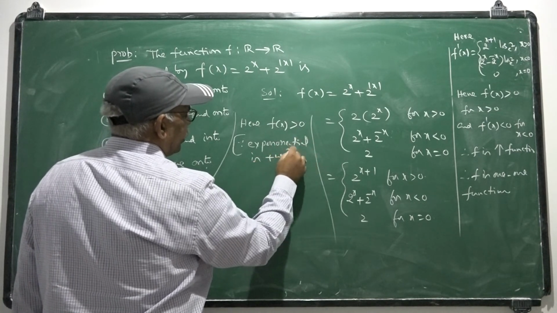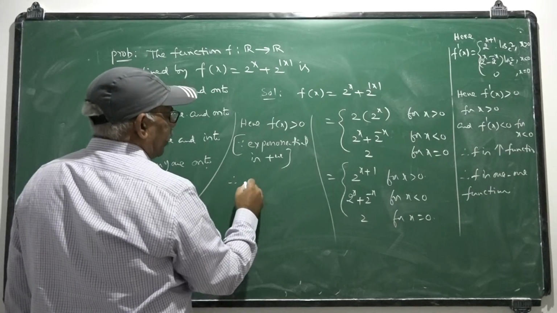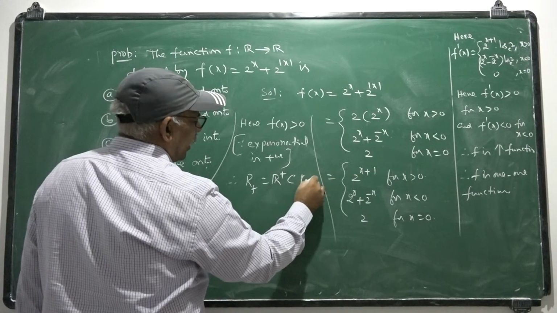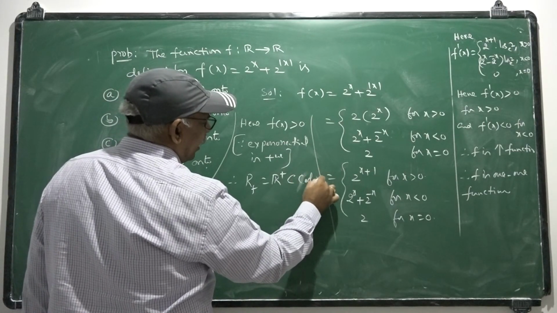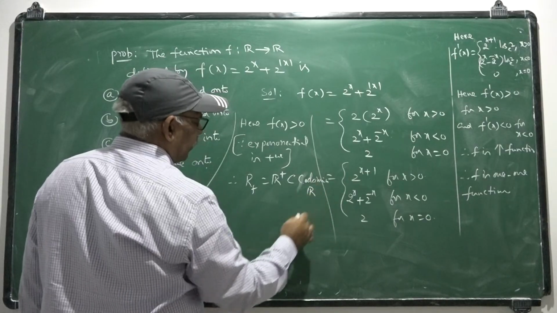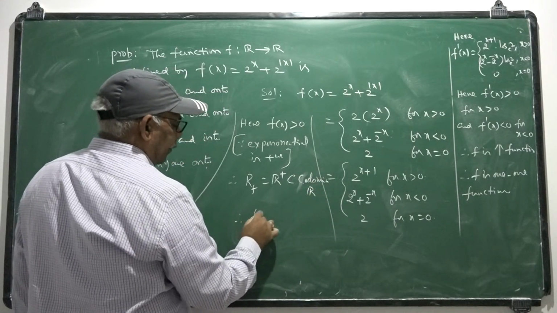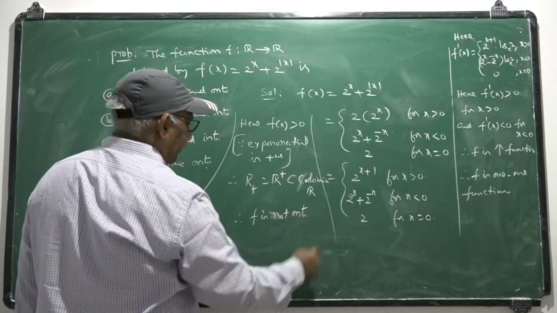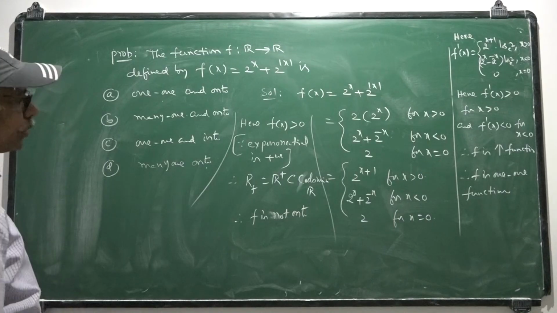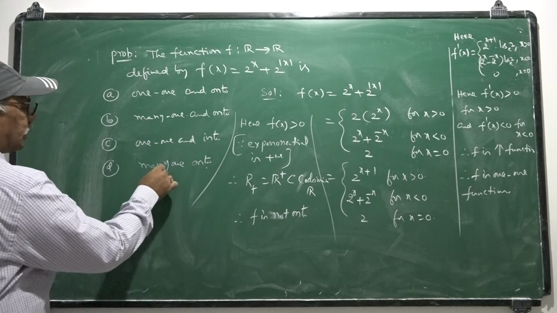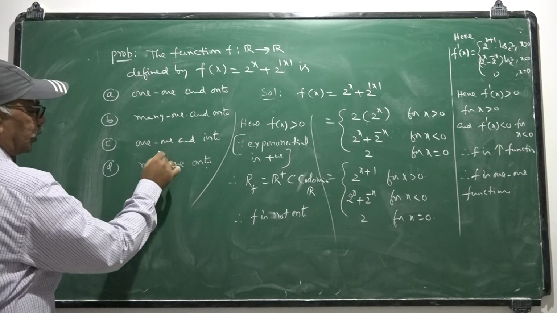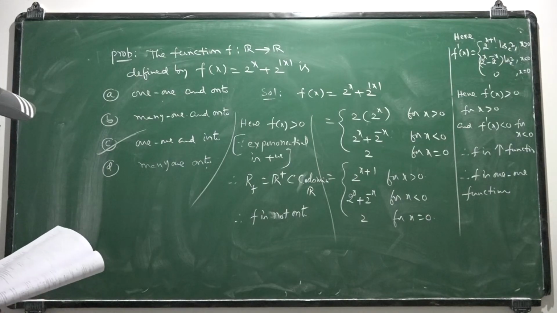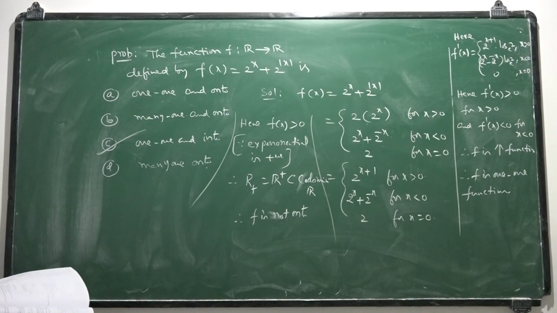Therefore, the range of f is R plus only, which is a subset of the codomain R. Therefore, f is not onto. The codomain is not equal to the range. Hence, it is one-one but not onto, that means into. So, one-one and into. C is the right option.